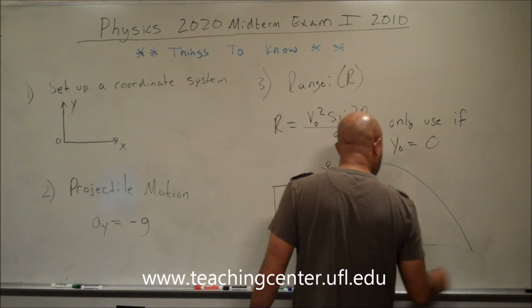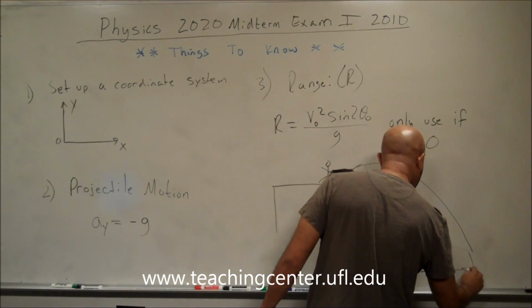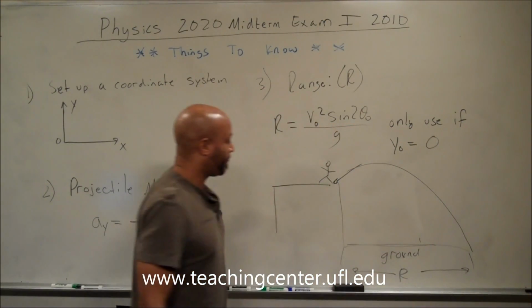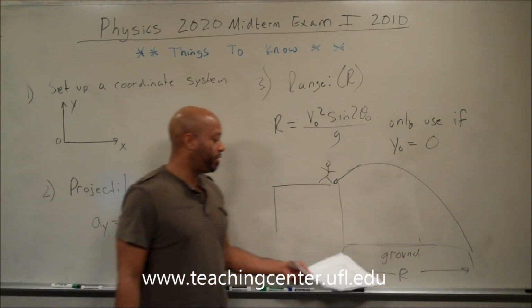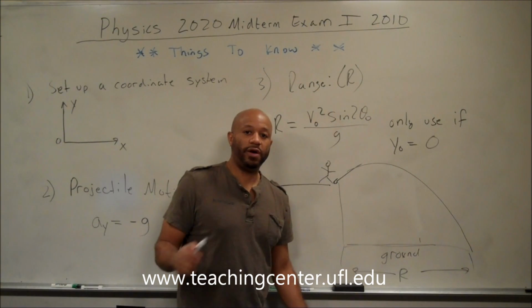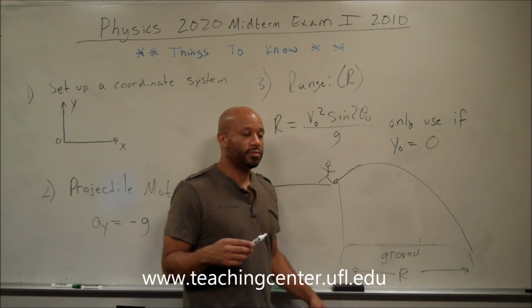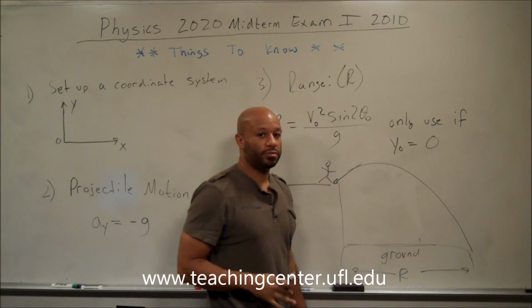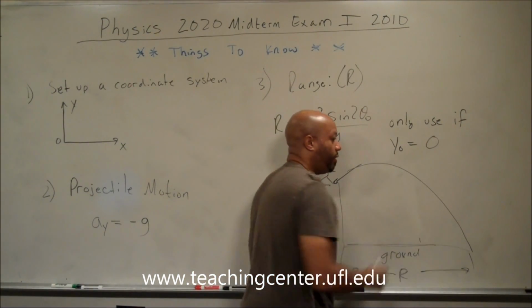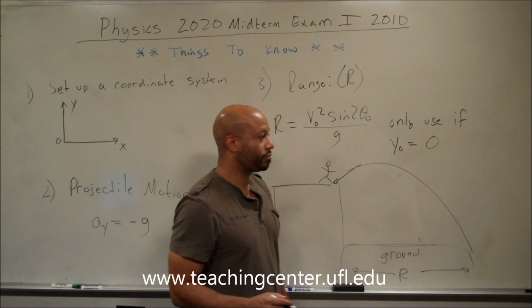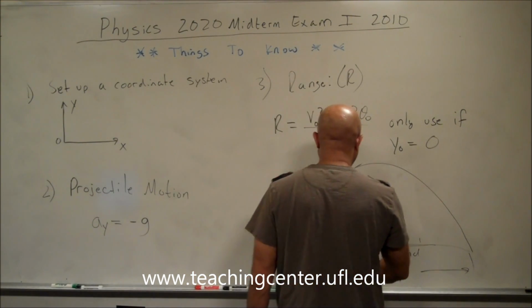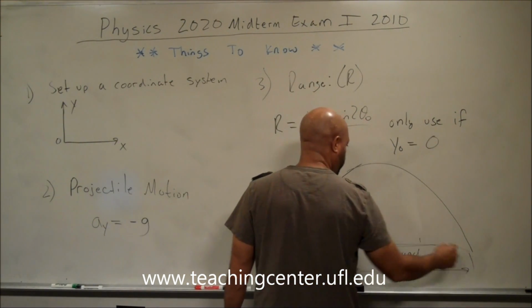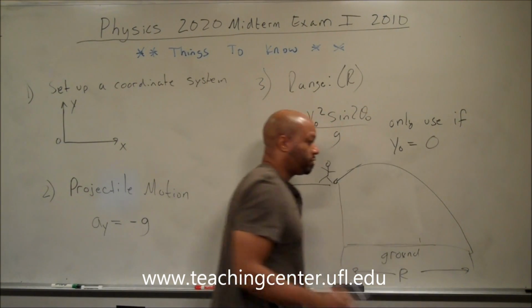The range is defined as the distance that an object travels when you initially launch it in some sort of projectile motion, until it reaches some point.